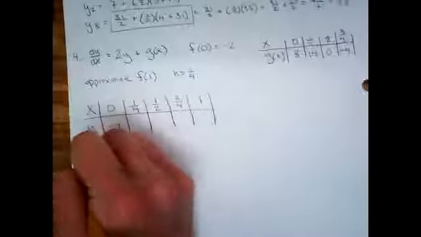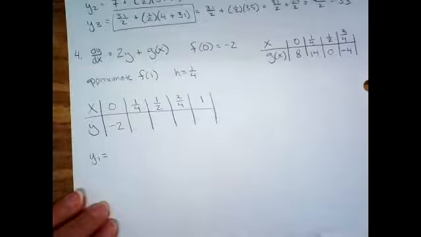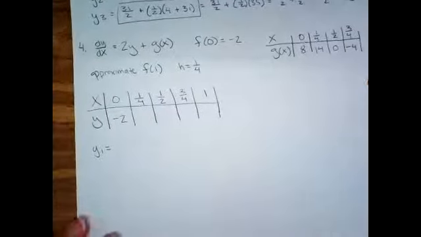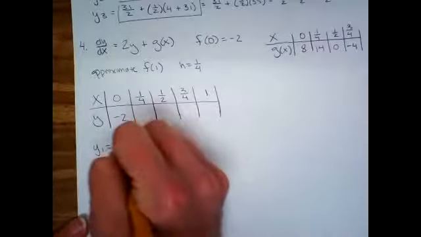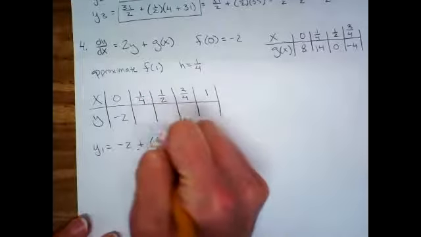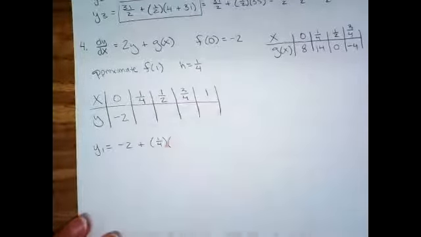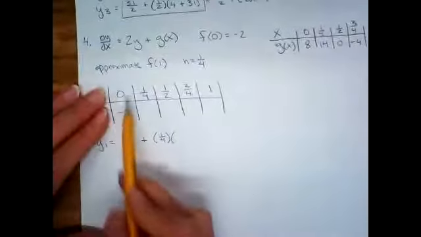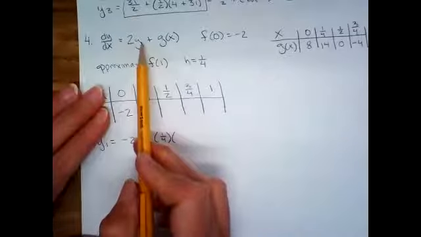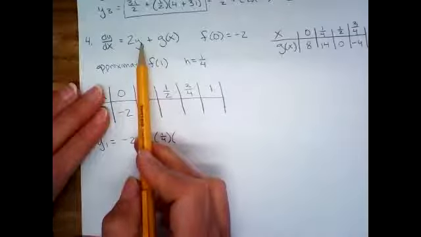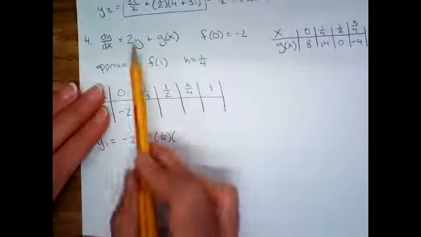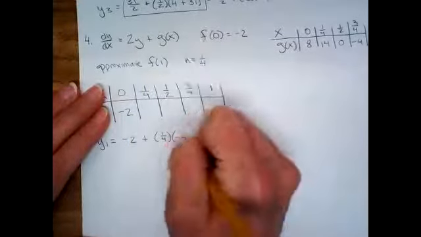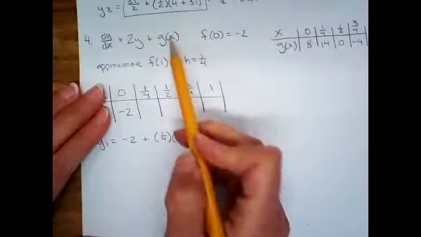All right, so here we go. y1 equals, where are we starting? -2, good, plus 1/4 times the derivative at this point. So when you plug in, it's 2 times y. So 2 times -2, that would be -4, plus g of x.